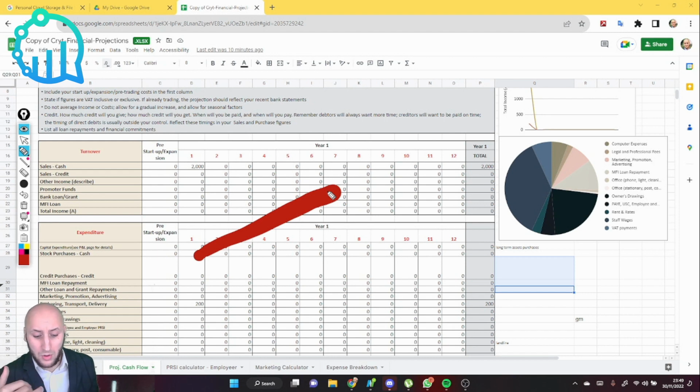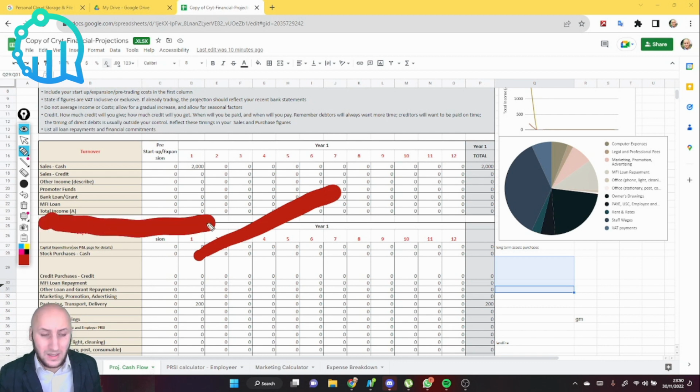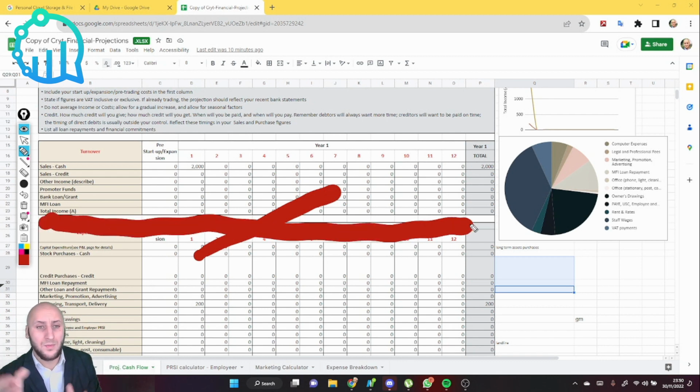And more importantly, when you're doing your cash sales, this is completely based on money coming in. So you don't have to think about anything about expenses. Even if you're selling a camera, and the camera is worth €1,000, that's sales cash. So that's €1,000 coming in to the company.